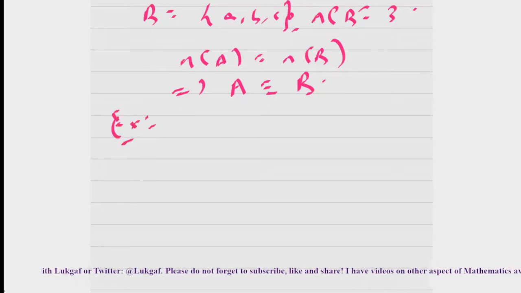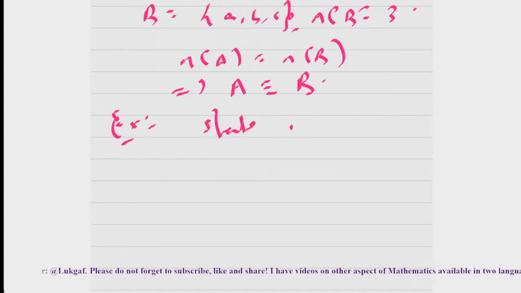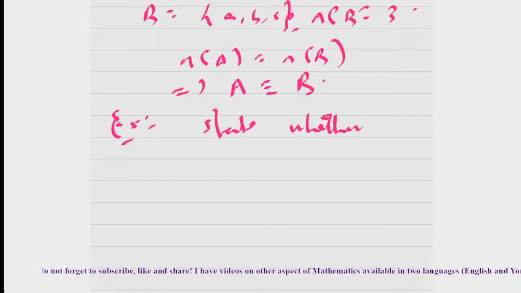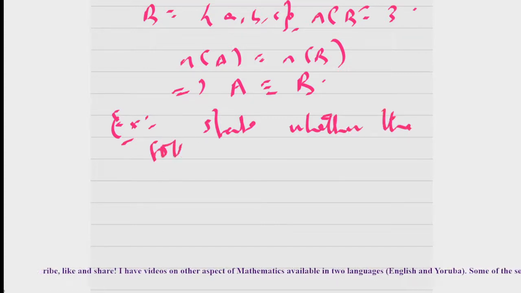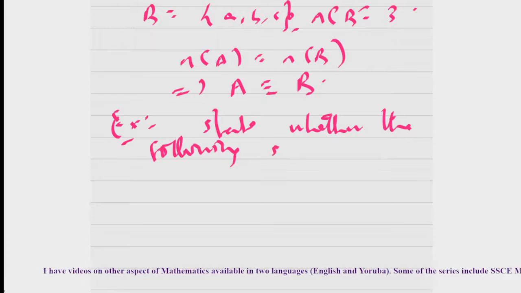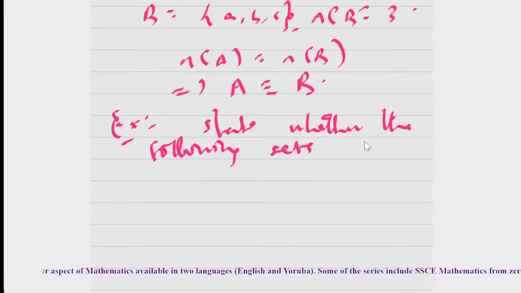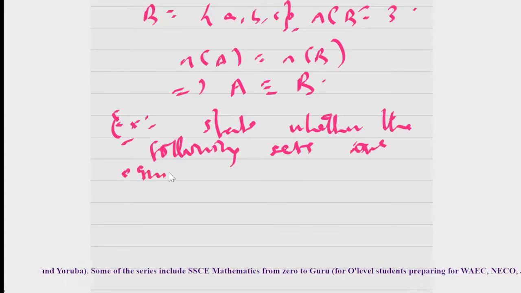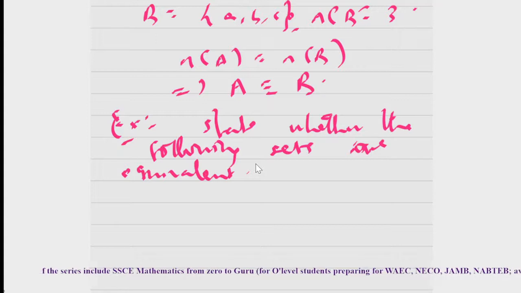Example: state whether the following sets are equivalent. Don't forget, by the definition, two sets are said to be equivalent when they have the same cardinality. That is, the number of elements of one set is equal to the number of elements of the other set.